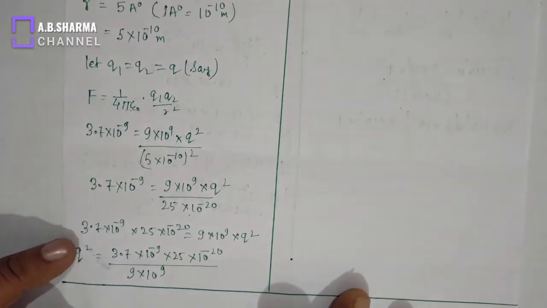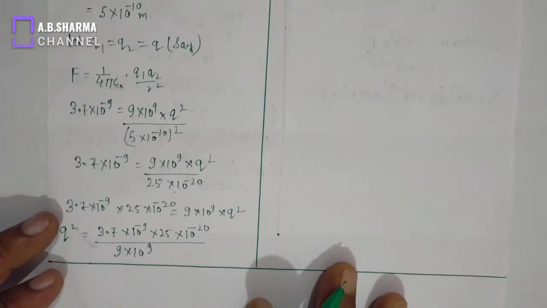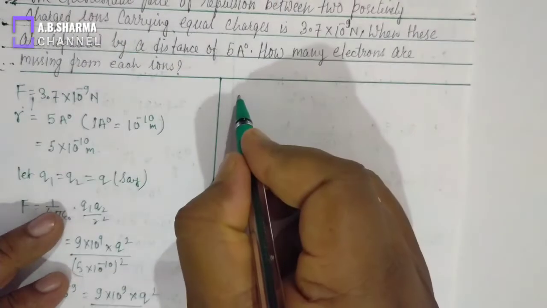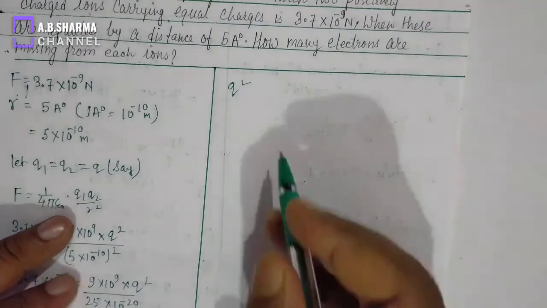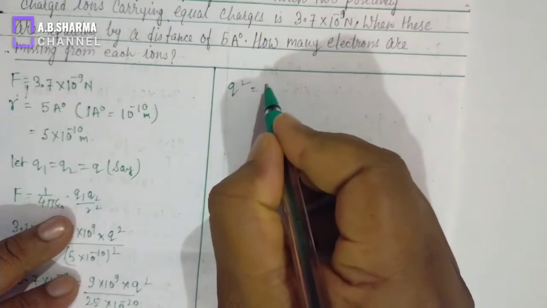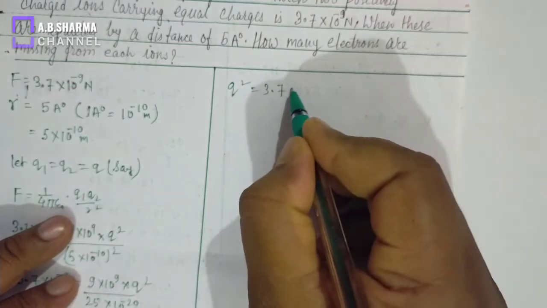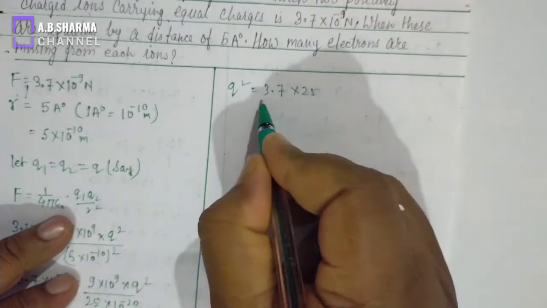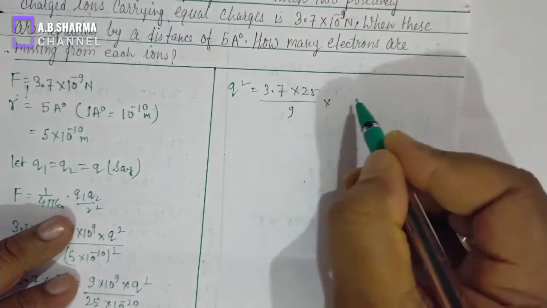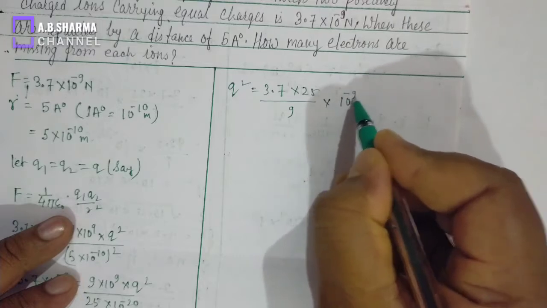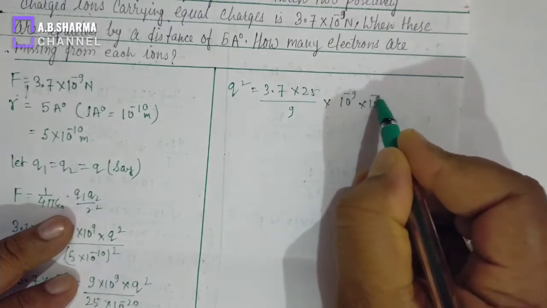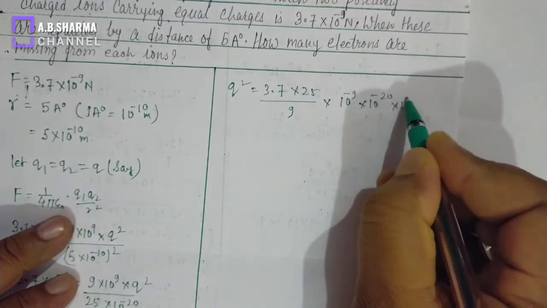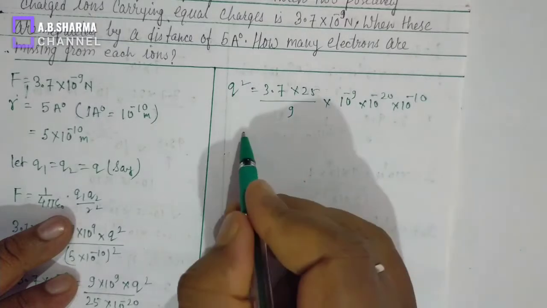Now solve this expression, that is Q square equals, write the numerals and exponents separately. This will become 3.7 into 25 over 9, and the exponents are 10 to the power minus 9, 10 to the power minus 20 and 10 to the power minus 10.